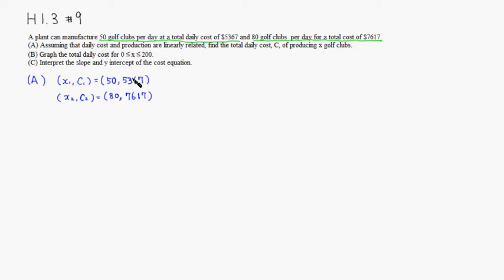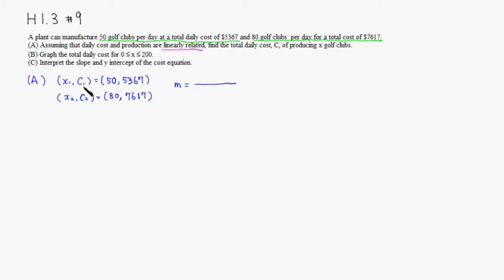Since we're assuming a linear relationship, it's linearly related. So we can try to come up with the equation of a line. In order to find the equation of a line, we need a slope. So slope m can be found by those two points and the slope formula.